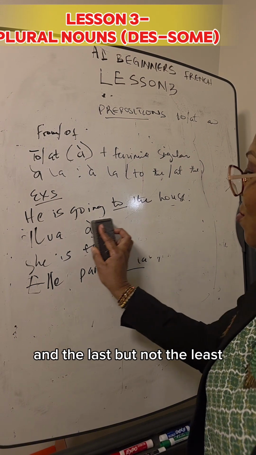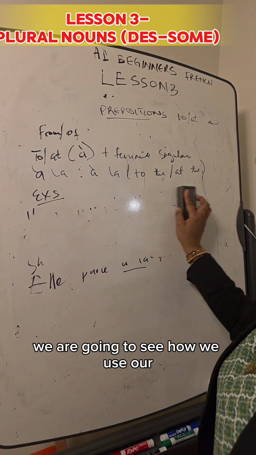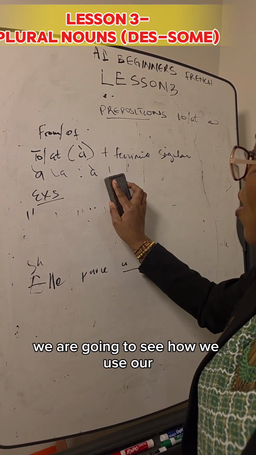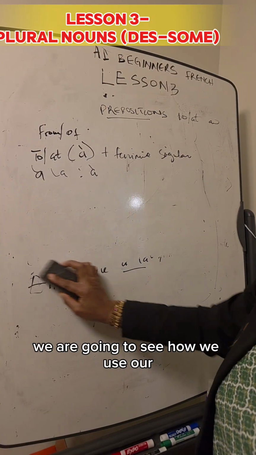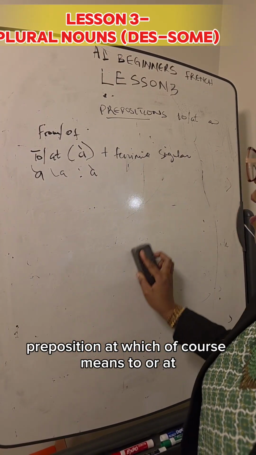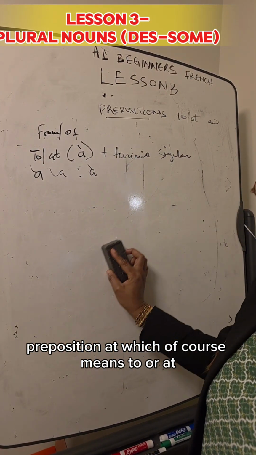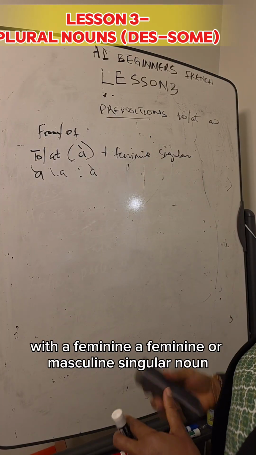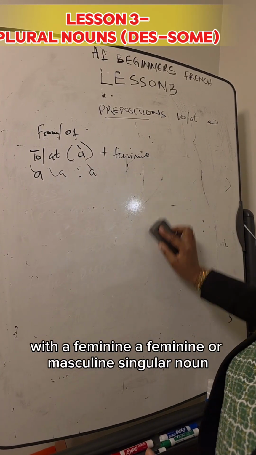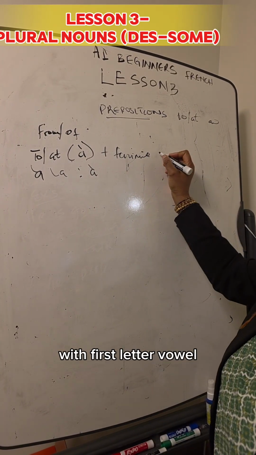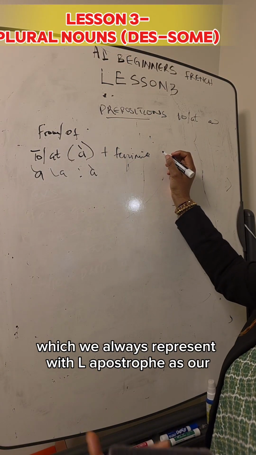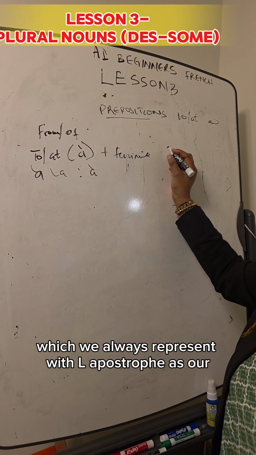And the last but not the least, we are going to see how we use our preposition a, which of course means to or at, with a feminine or masculine singular noun with first letter vowel, which we always represent with L apostrophe as our definite article.